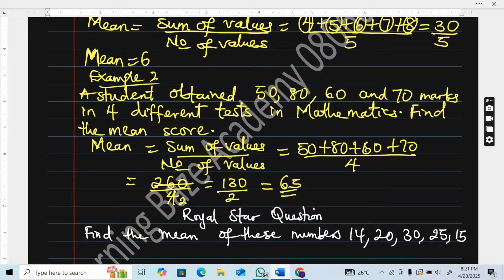Make sure you apply the formula. You have to find the mean of these numbers. All right, I'll count down 5 to 0, and I'll be calling the names of those who got the answer right.